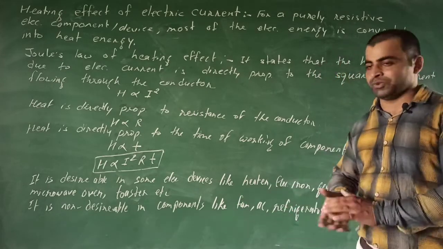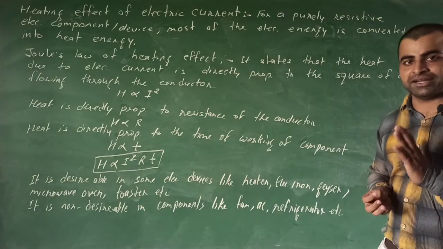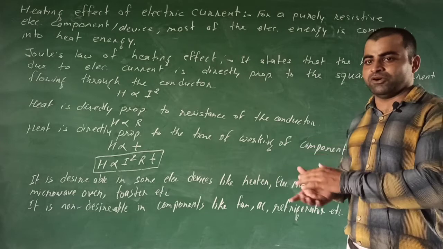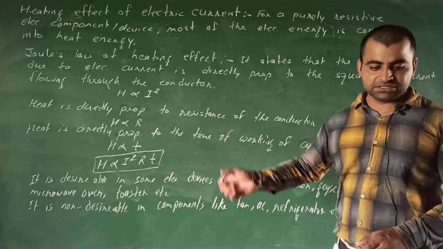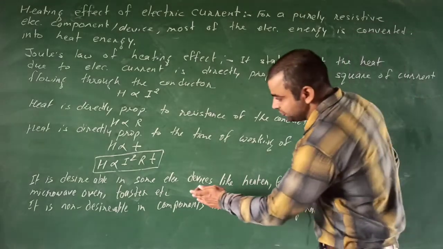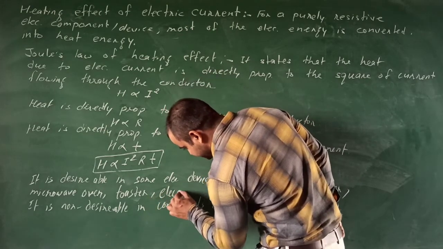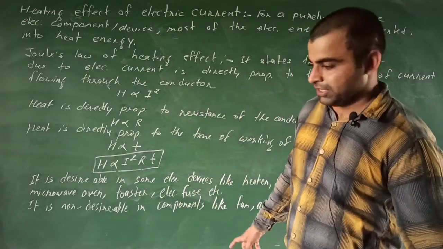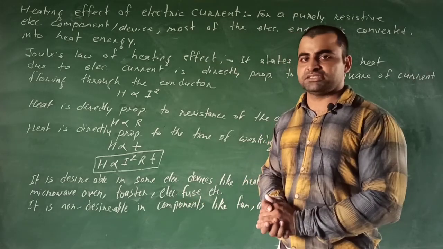So there are some benefits and some harms of the heating effect. And it is also desirable in the electric fuse, the most important one. In the next lecture we will discuss the electrical fuse. It is a safety device.